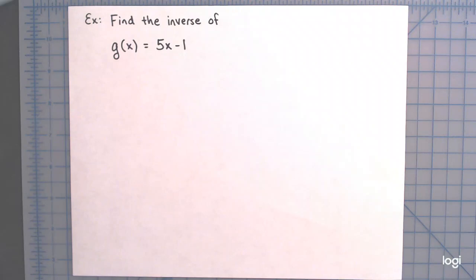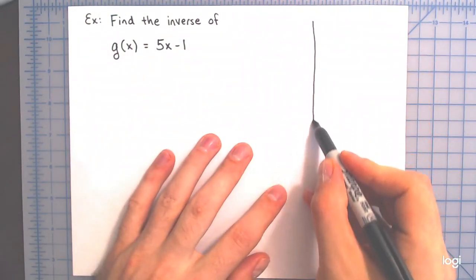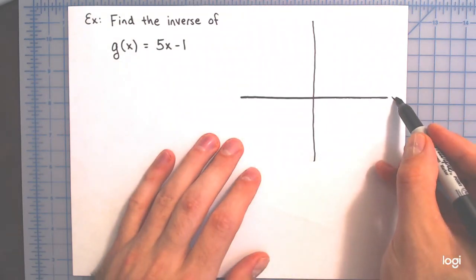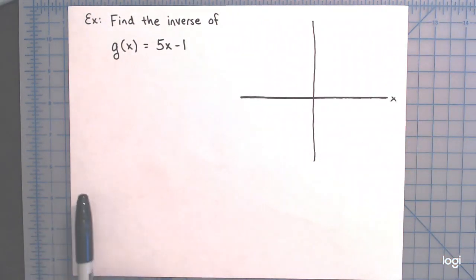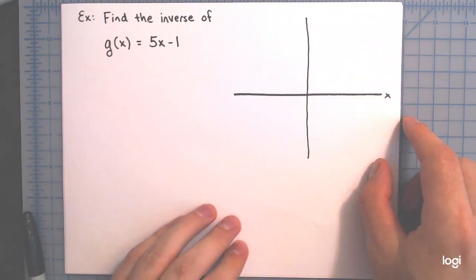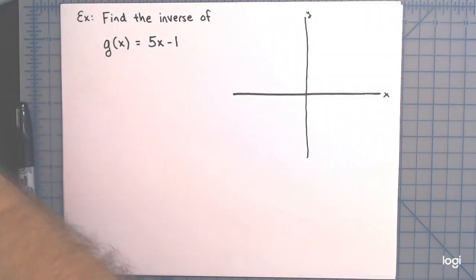In fact, I know it's not on graph paper, but I'm going to do a very quick sketch off to the side by hand, drawing a little coordinate plane here. And I'll graph this function.